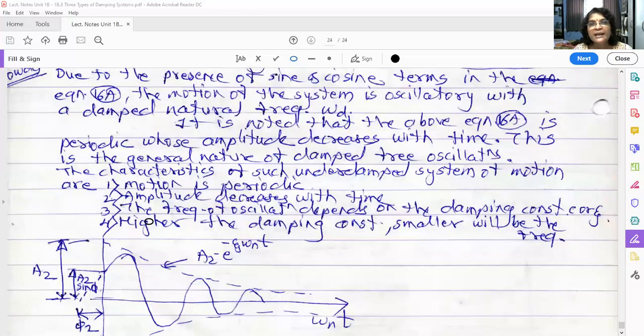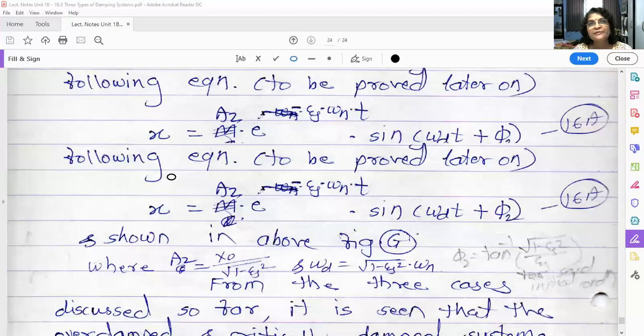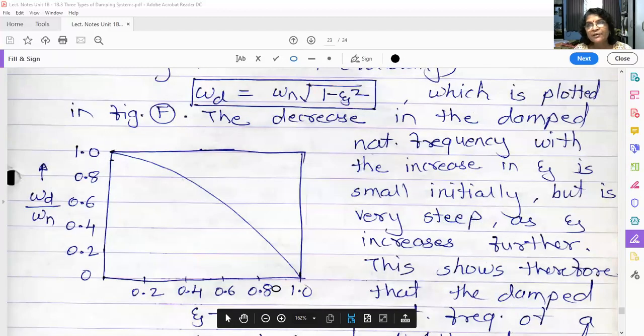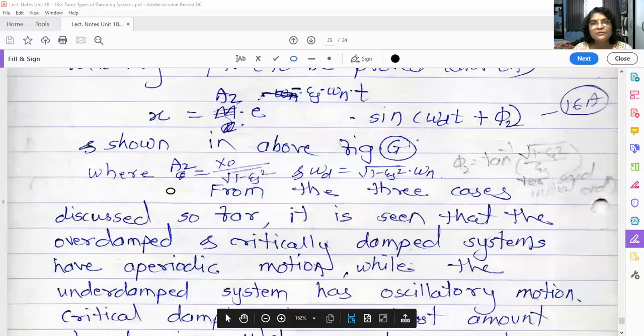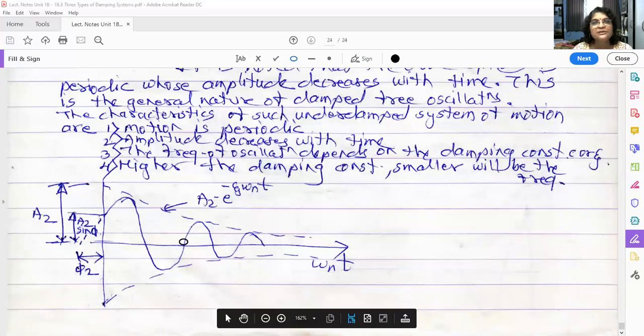The fourth characteristic is that the higher the damping constant, that is zeta, the smaller will be the frequency. We have seen in this graph, higher the damping factor, smaller will be the amplitude. So this is the fourth characteristic. See here in this graph also it is shown.